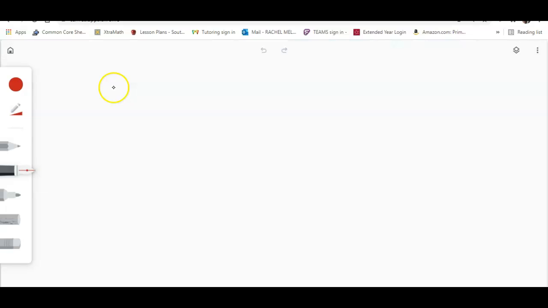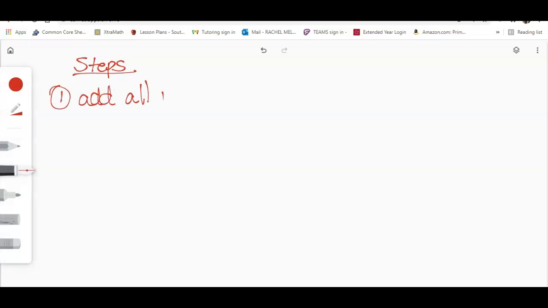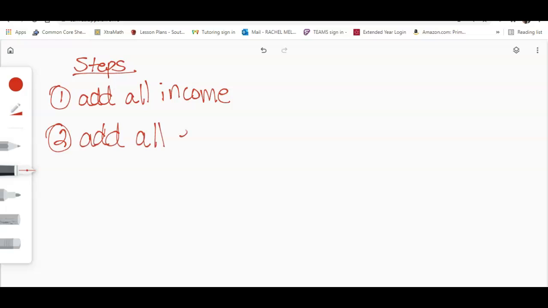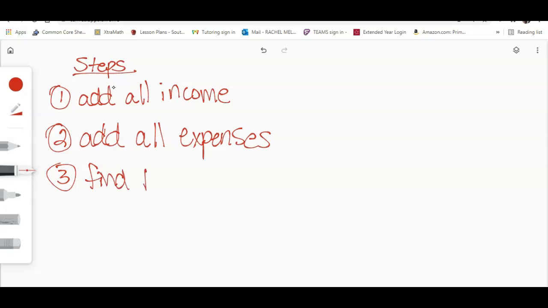Okay? So I know some of you, it really helps if we write steps out. So let's do that. So the first thing we do, add all income. The second thing we do, add all expenses. And the final thing that we do, find the difference.